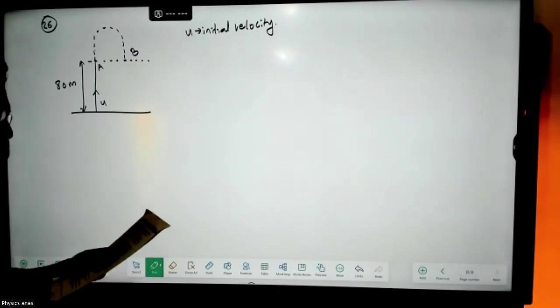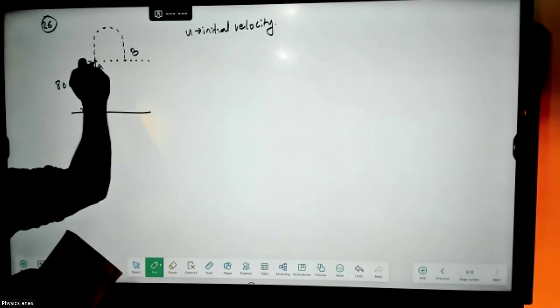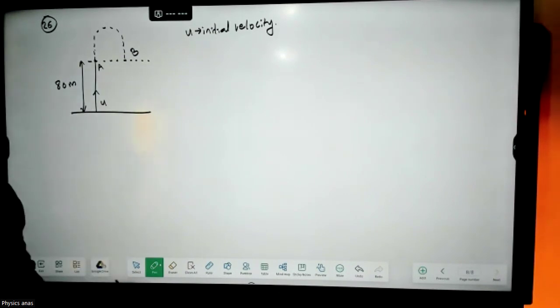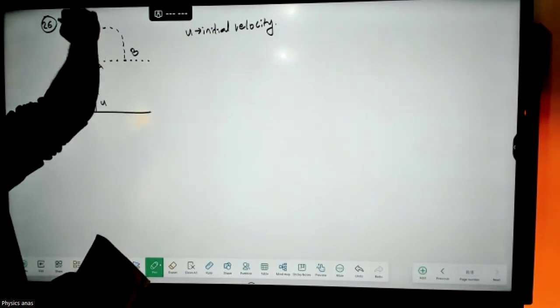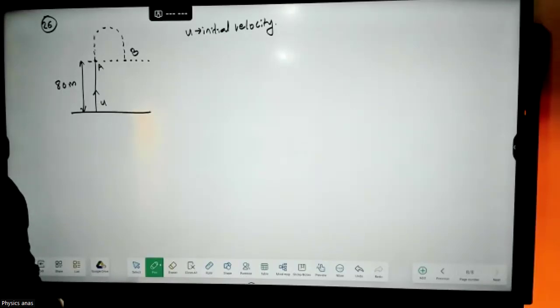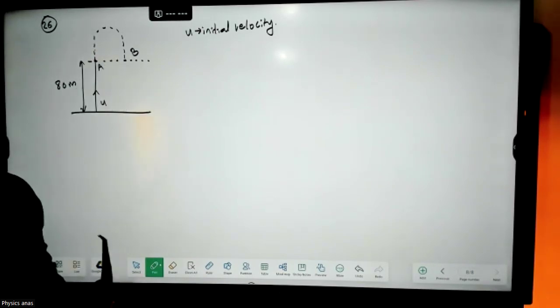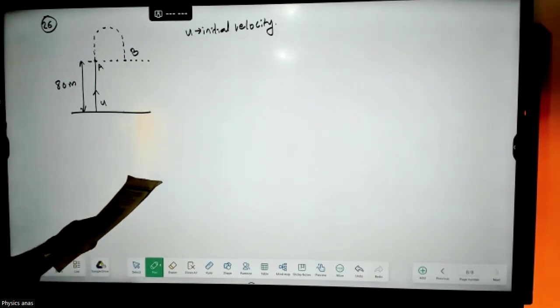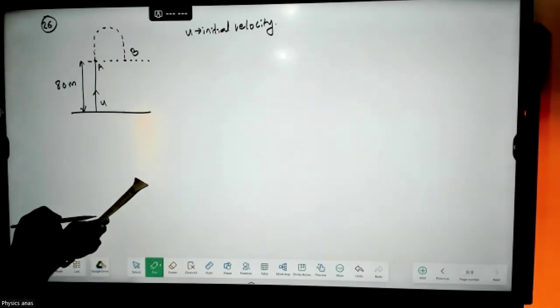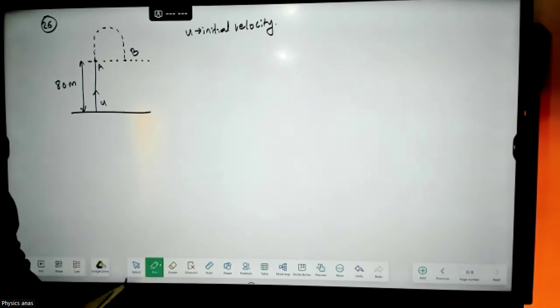The question is very important. When the object is at A, it has traveled 80 meters. When the object is returning back, and it is at B, it again has a displacement from the ground, a height of 80 meters. That's the question. And the time interval is 6 seconds.